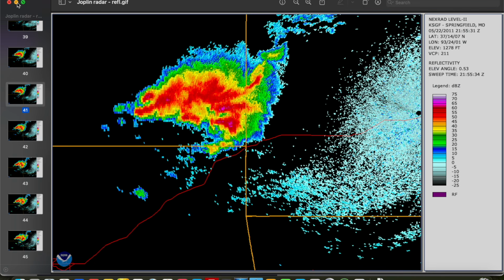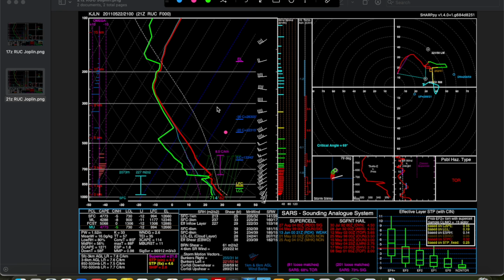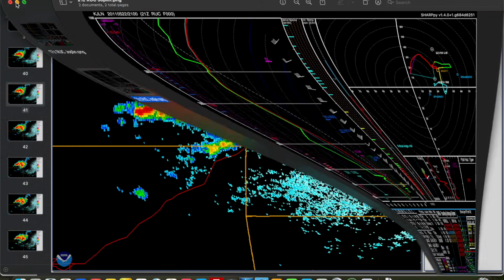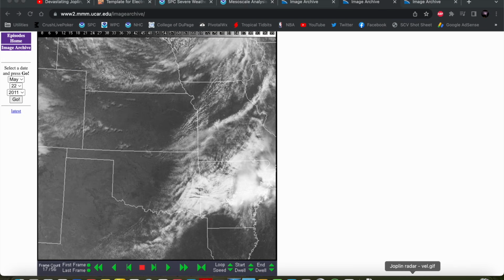But the main thing that amplified the tornado threat with the Joplin storm were those storm mergers, and then a dominant supercell taking over and taking advantage of such an explosive environment. Huge instability, huge low-level instability, ample low-level shear and streamwise vorticity to feed that supercell, and that's what made that Joplin storm so powerful.